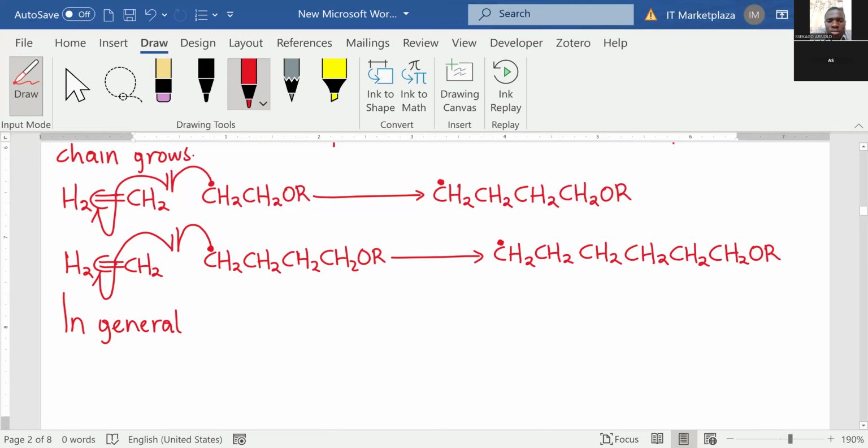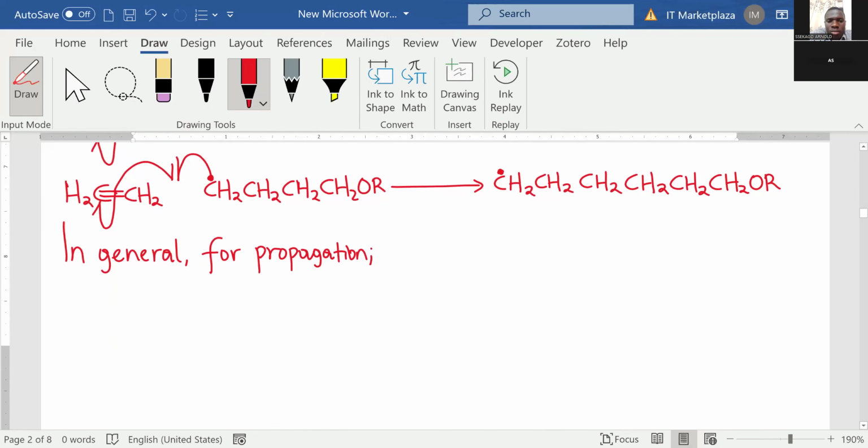So in general, for propagation, in this case, for chain elongation, for propagation here, we have CH2, our ethene, CH2. In general, that ethene, many of them, so I put N here.